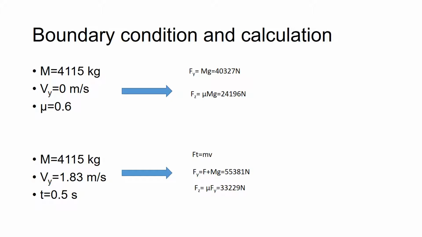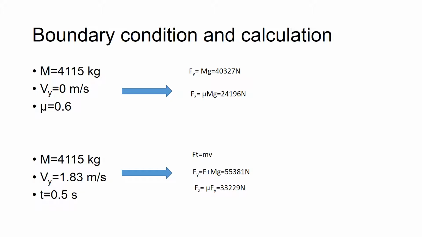One is Vy equal to 0 and another is Vy equal to 1.83 meter per second. And then I assume the landing impact time t is equal to 0.5 second, and also the friction coefficient of the rubber is 0.6.